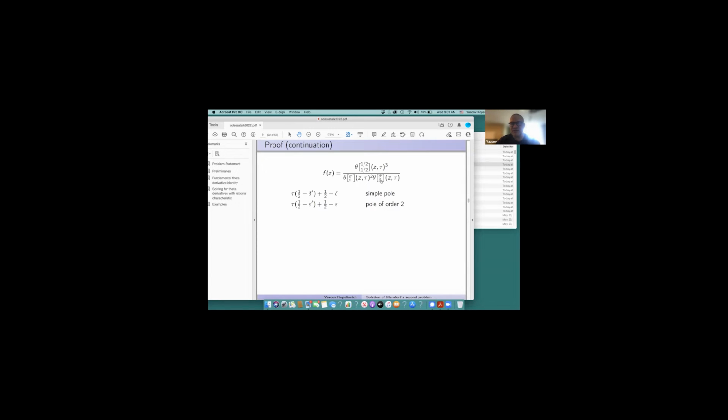And you know that this is a simple pole, so you know that this is a zero, okay? Now you want to calculate the residue. Sum the residues, and you're done. You don't need to do anything else, right? So the sum of the residues of f equals 0 inside the fundamental parallelogram.